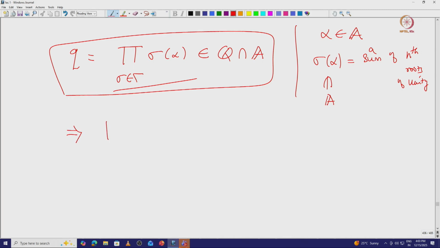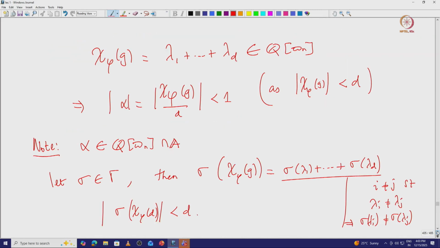So, that means the absolute value of q is exactly the product of the absolute values of sigma of alpha over sigma in Gamma, but we already noticed that the absolute value of sigma of alpha is strictly less than 1. That is concluded from this statement.